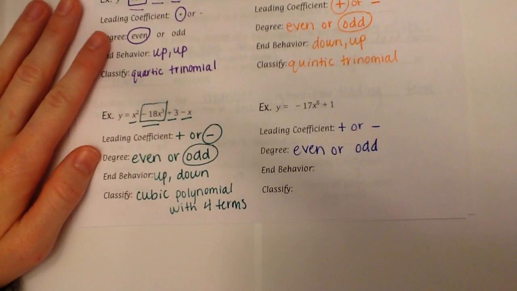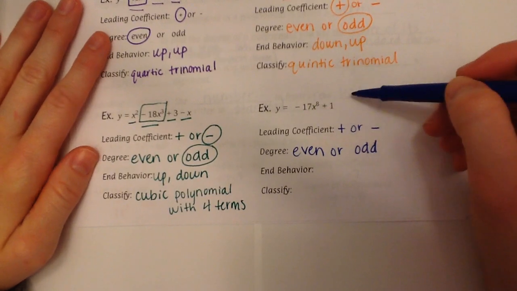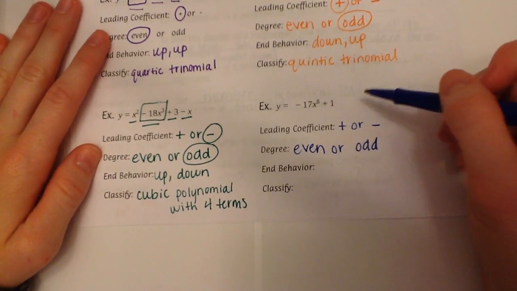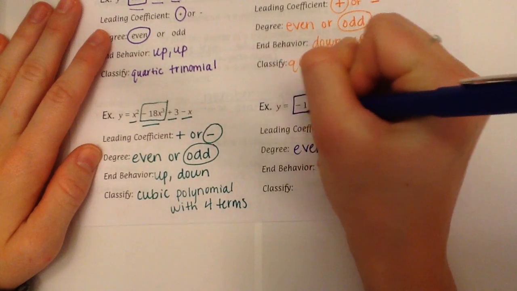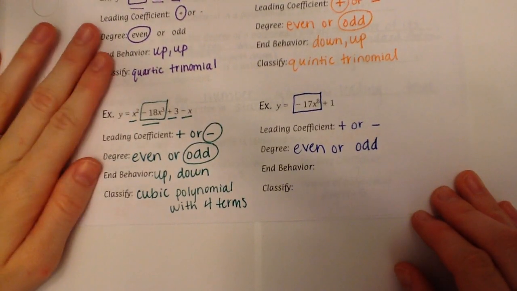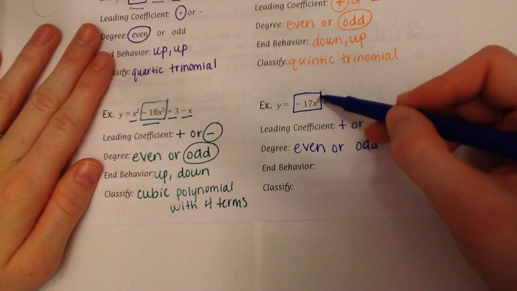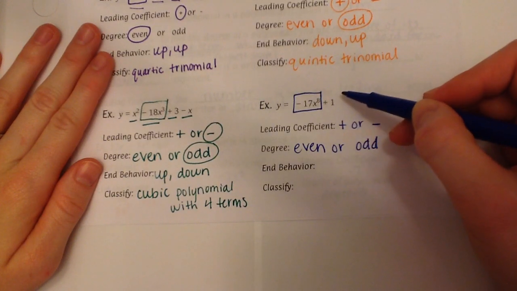Alright, so last one. We have negative 17x to the 8th plus 1. So our leading term would be negative 17x to the 8th. It's already in standard form. Your exponents, highest to lowest, well, this is 8, and this exponent would be 0.